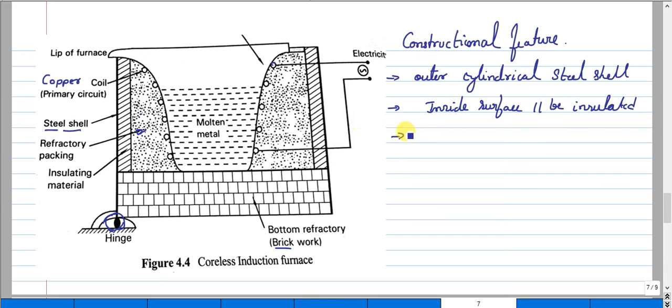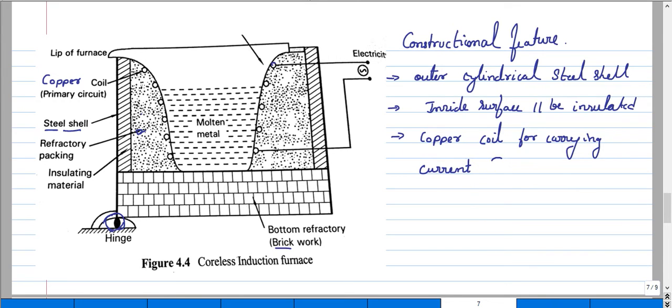And we have a copper coil for carrying current.